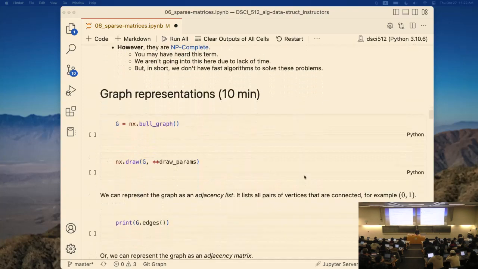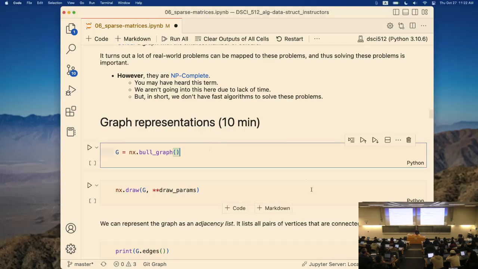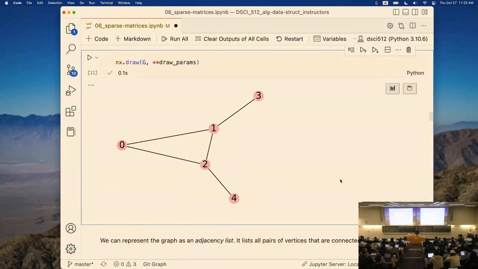So, graph representations. Any questions before moving on to the other section? Okay, suppose that we have a graph like this, and the way that we can represent this graph in our computer is by making what's called an adjacency list.